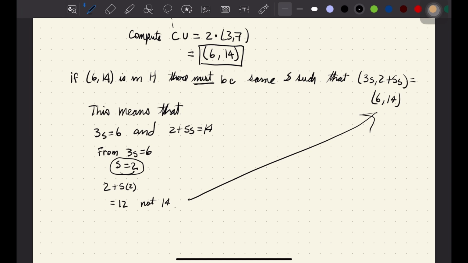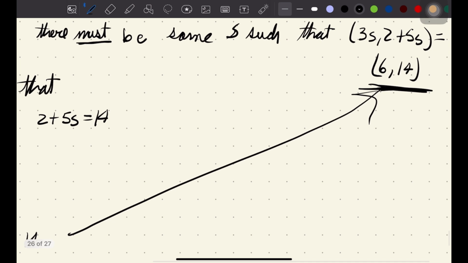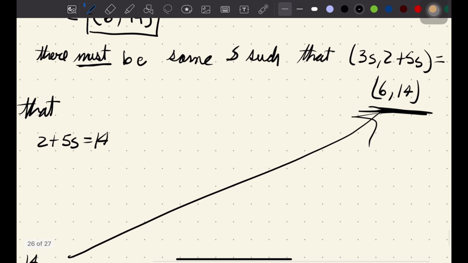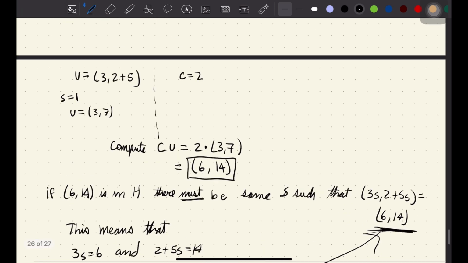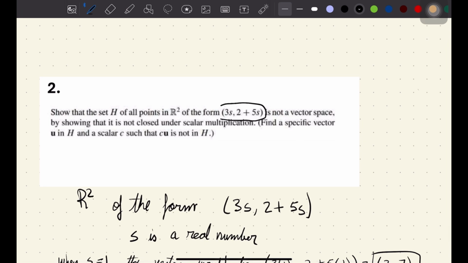So since there is no single value of s that satisfies both equations simultaneously, this is not in H. Since we already multiplied by scalar c equals 2, H is not closed under scalar multiplication, and therefore this form of R2 is not a vector space.